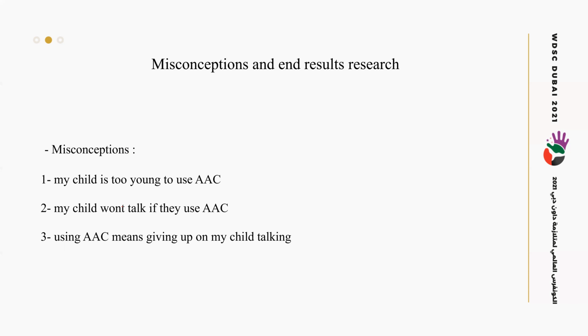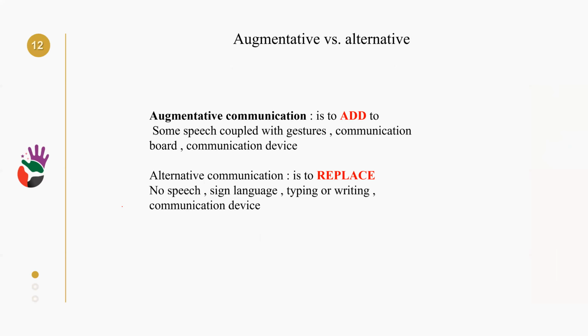But the latest research, especially from ASHA, says that AAC can help the child improve their language, receptive and expressive language. And there is no research mentioning that using AAC will make the child not talk at all. From the beginning, it is a facilitator or enabler to reach our goals.